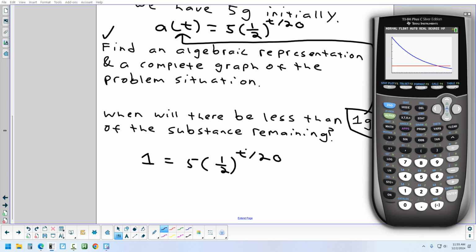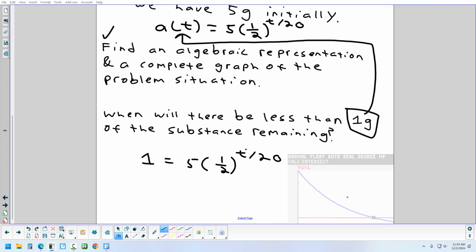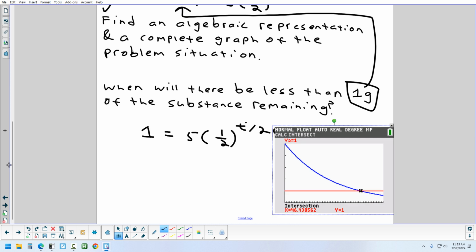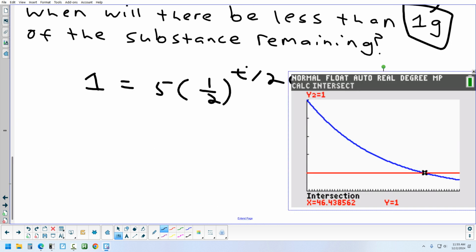And we know we're going to hit it because we already checked that. What do I have to find now? The intersection. Find the intersect. Good. Now, we've got to be careful with how we write the answer. That is the amount of time.